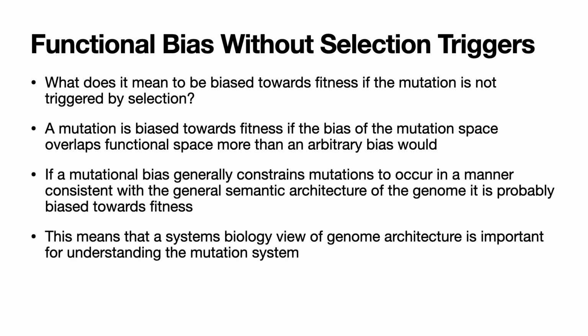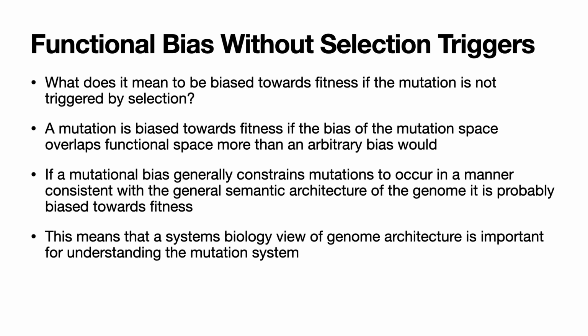But what about functional bias that doesn't have selection triggers? Well, first of all, we have to answer the question, what does it even mean to be biased towards fitness if the mutation is not triggered by selection? A mutation is biased towards fitness if the bias of the mutation space overlaps functional space more than an arbitrary bias would.